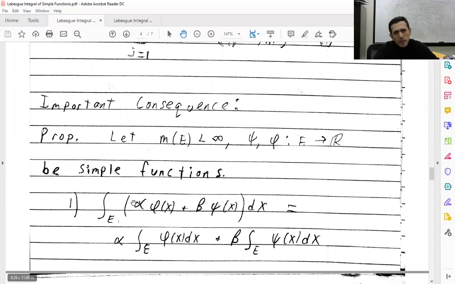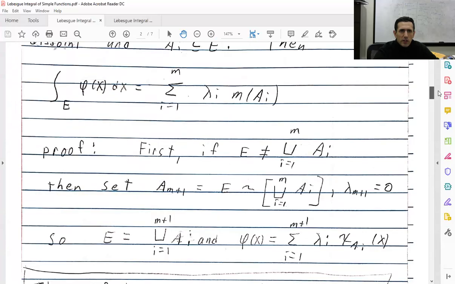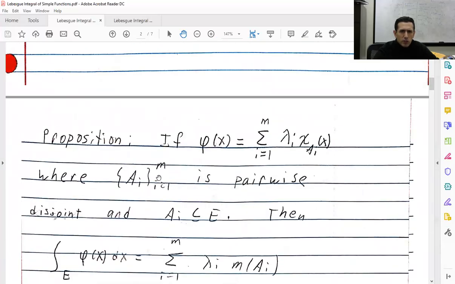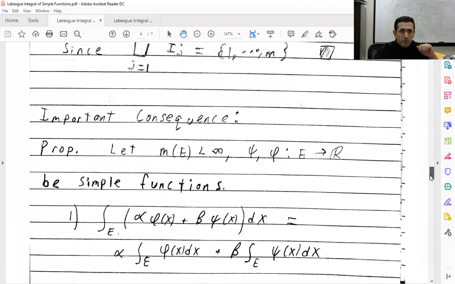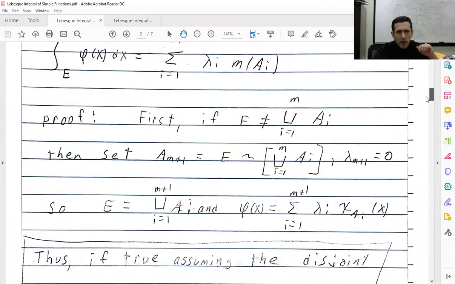So let's go back and prove that this proposition is true without this assumption here. We did need this assumption to prove this, because we proved it without linearity, since we didn't know that linearity is true. We used this proposition to prove linearity over here.